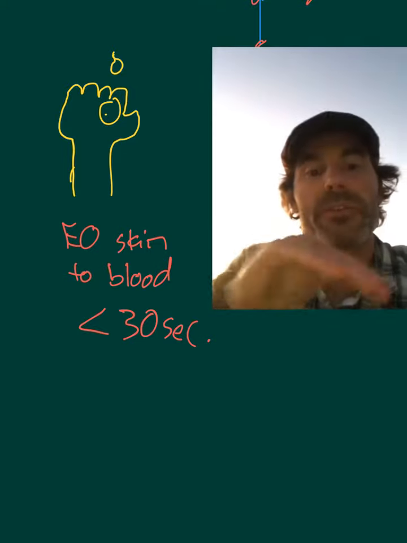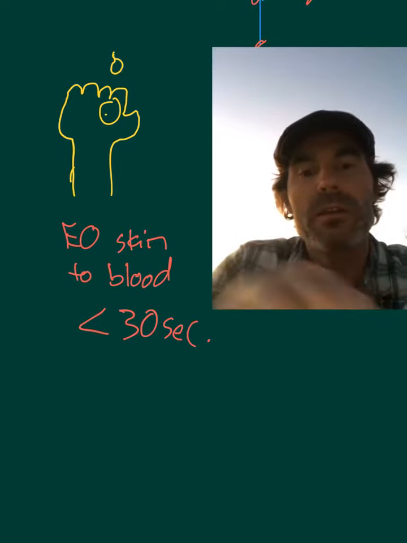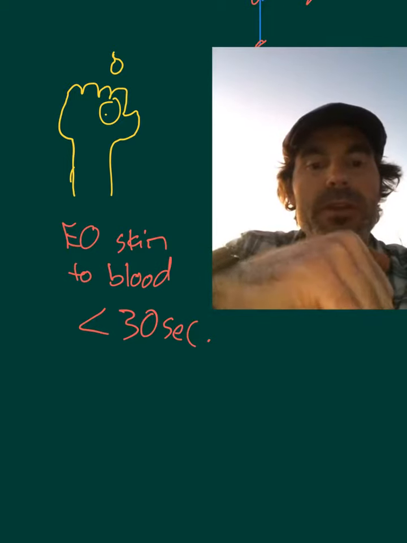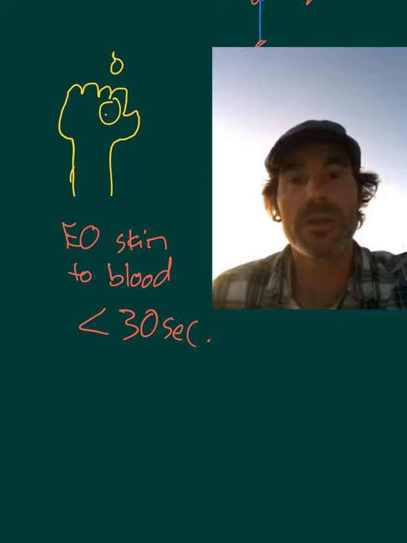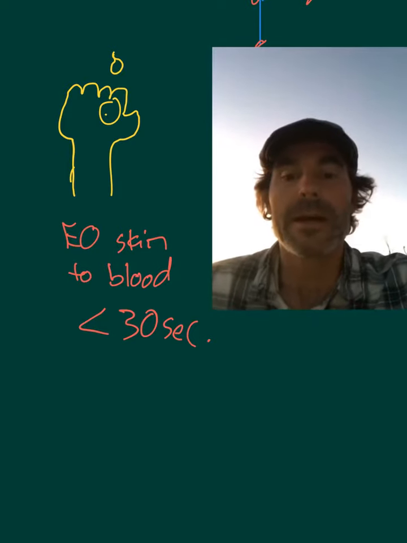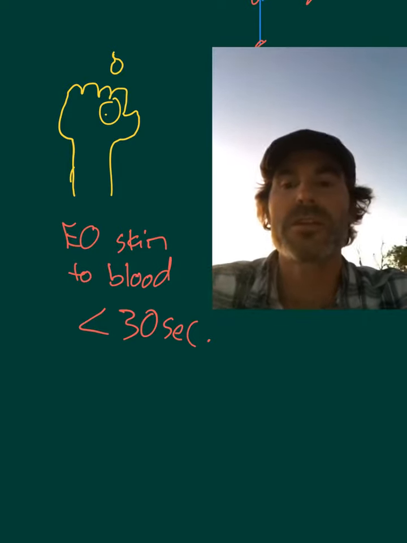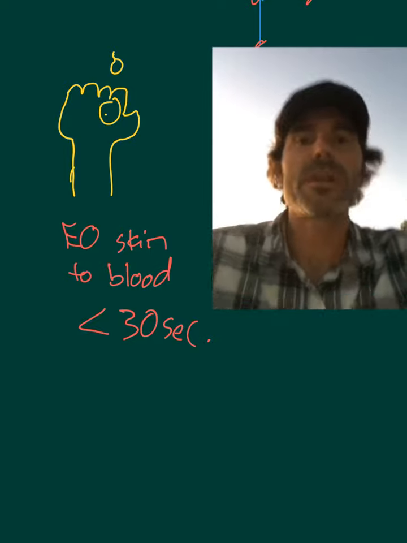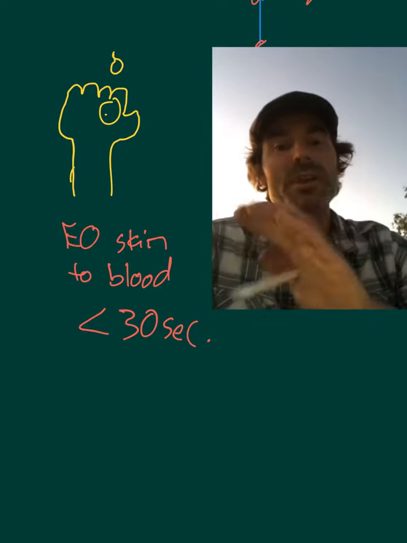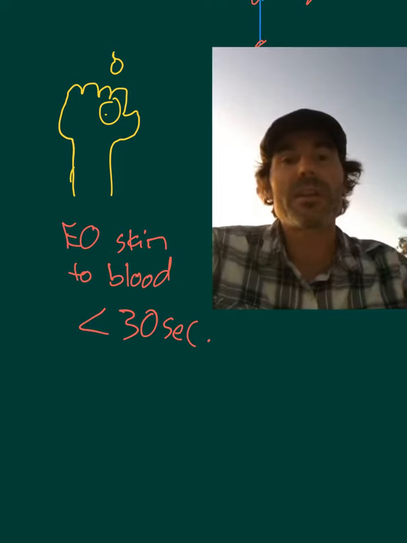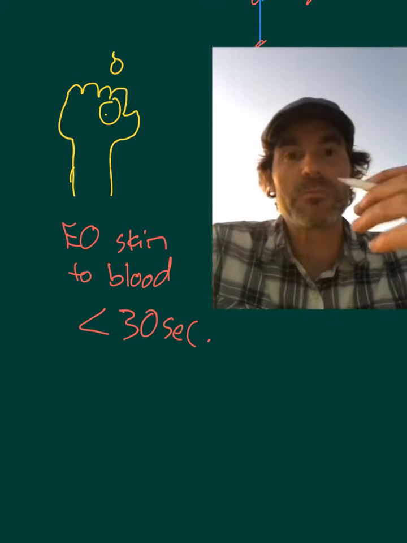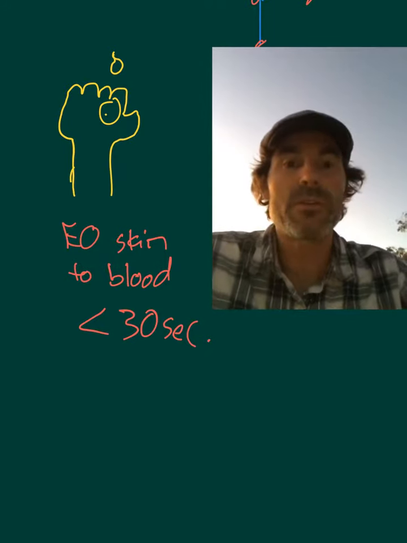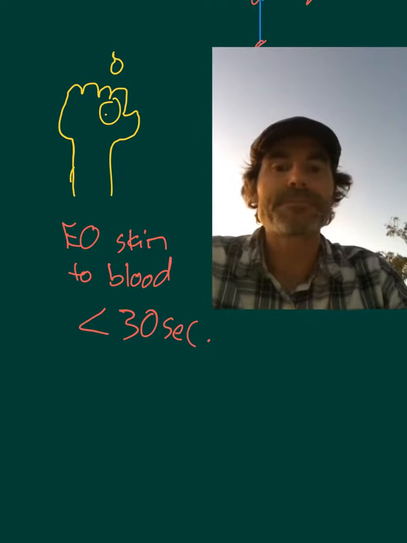So add an oil to the surface of your skin, and it's fairly thick skin on the back of our hands, believe it or not, thicker than in many other places in our body, and it can get through that in less than 30 seconds. So that's the take-home message of last week's experiment, and this is a simple demonstration you could do with people in a class even, because it doesn't take that long, just to demonstrate how quickly oils get through the skin.